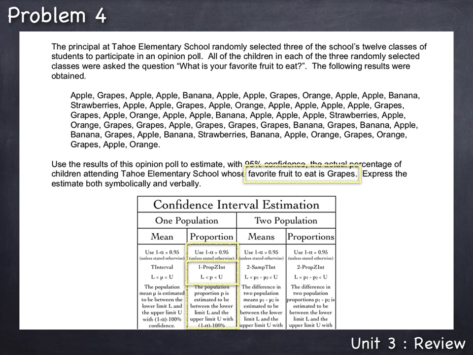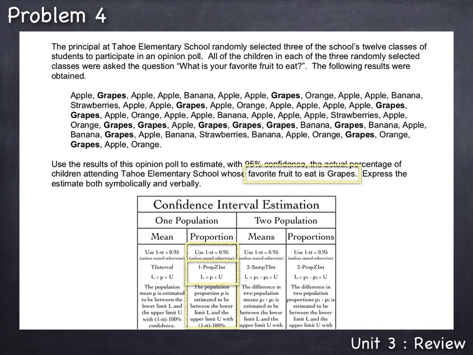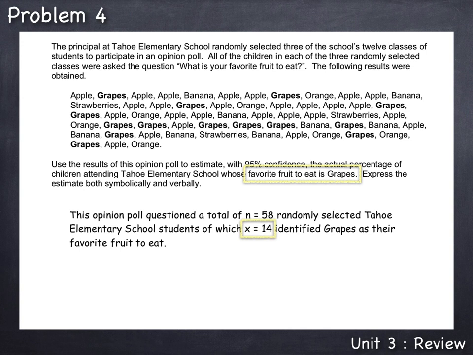So we look to the data and we find X by counting all the ones who selected grapes. If we count all the students who selected grapes in this sample, we'll see that X equals 14 of the students identified grapes as their favorite fruit to eat.